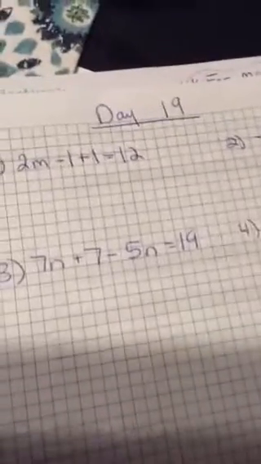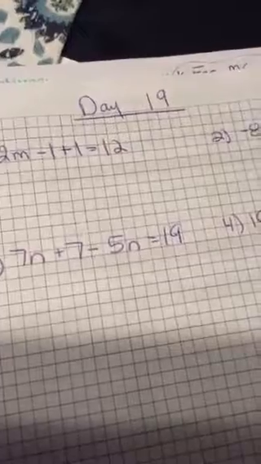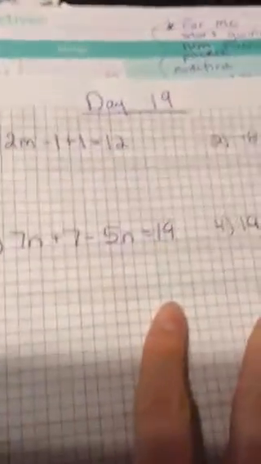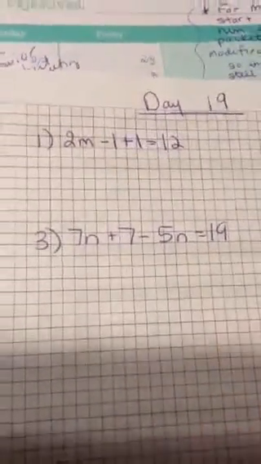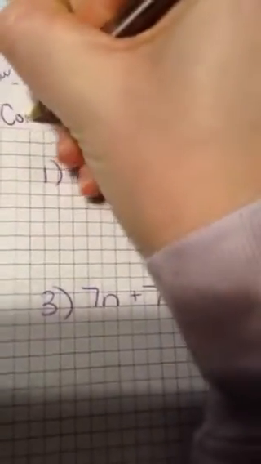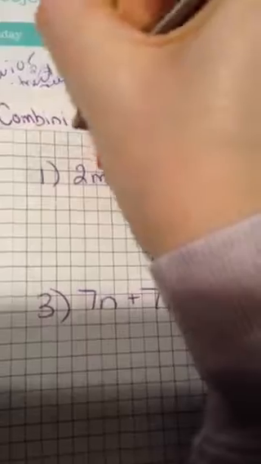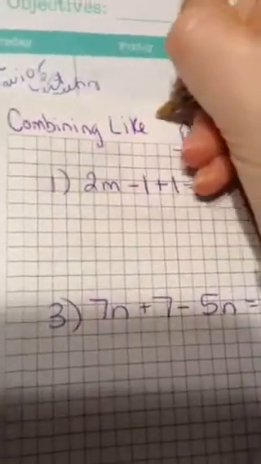So, the first thing you're being asked to do for ELT today is solve equations. There's something we have to be able to do in order to solve these specific equations, and that thing is called combining like terms.